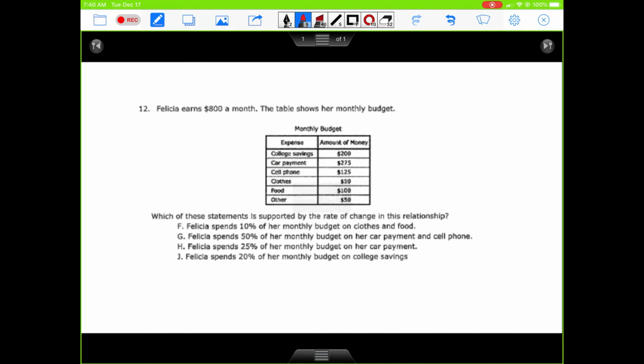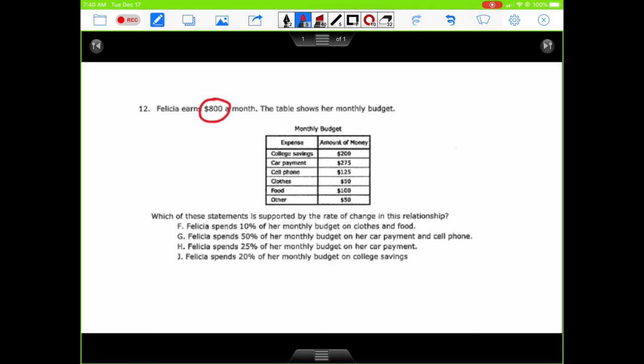Number 12. Felicia earned $800 a month. The table shows her monthly budget. Which of these statements is supported by the table? For these type of problems, whenever you have a budget table and percents and numbers, go ahead and figure out your percent of your number. So let's look at F. Felicia spends 10% of her monthly budget on clothes and food.